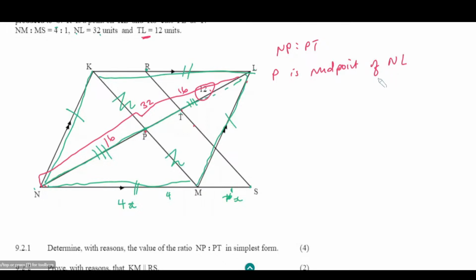If that is true, NP is going to be the same as PL, which is 16, a half of 32. Then PT is going to be 16 minus 12. You get this 16 because the whole of this is 32, but from there up to there is 16 units. We subtract the 12, we have 4 units. So that is 4 units.